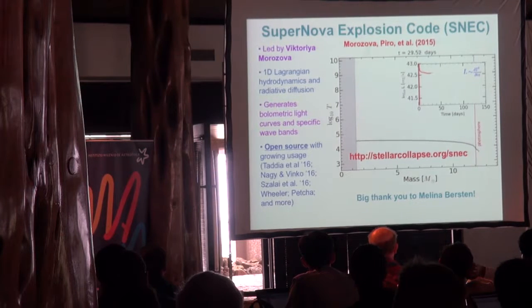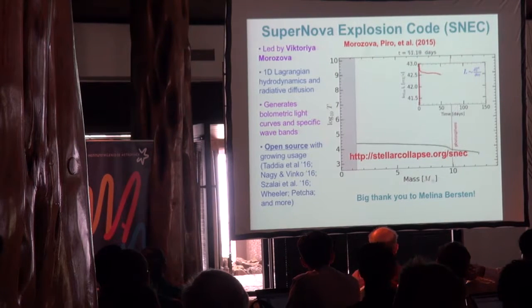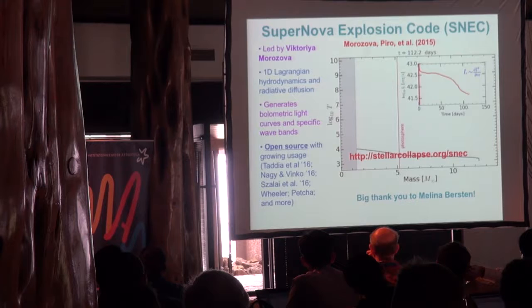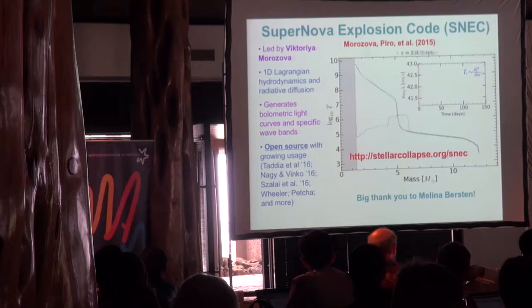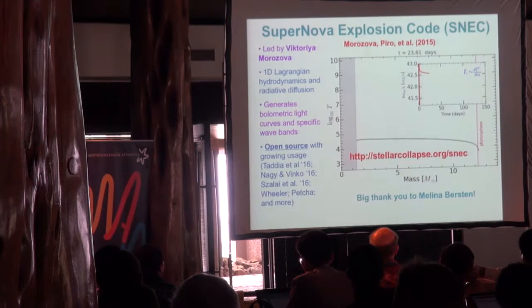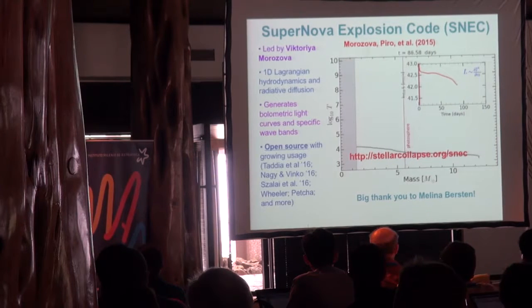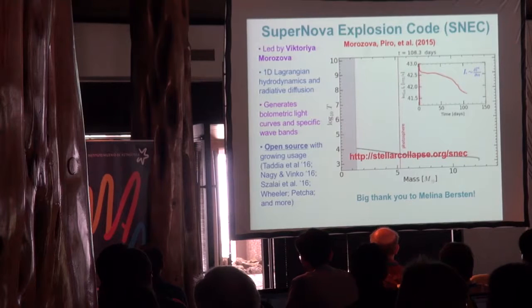It's basically a simple thing where you can take your favorite stellar model from Kepler, MESA, or whatever, explode it and produce some quick light curves and do some nice comparisons with observations in various bolometric light curves or different wave bands. I just want to point out it's open source, so you can go to this website and download it yourself. We're really excited if you can try it out and give us feedback, because we'd like to have more iterations where we can improve the code.